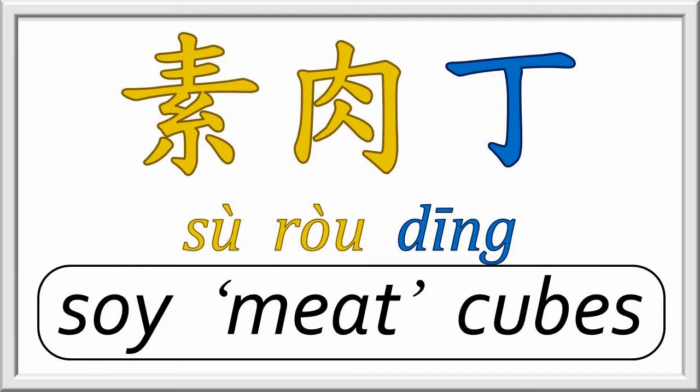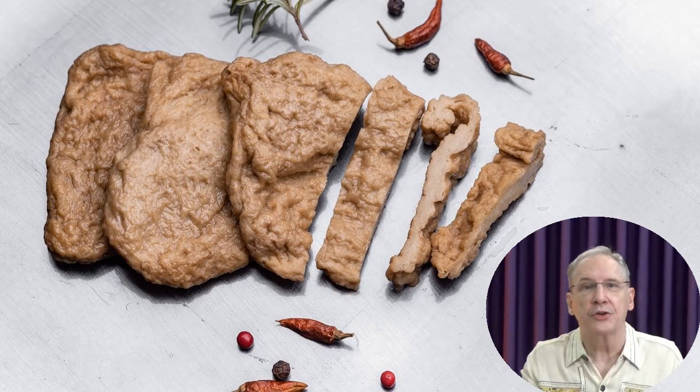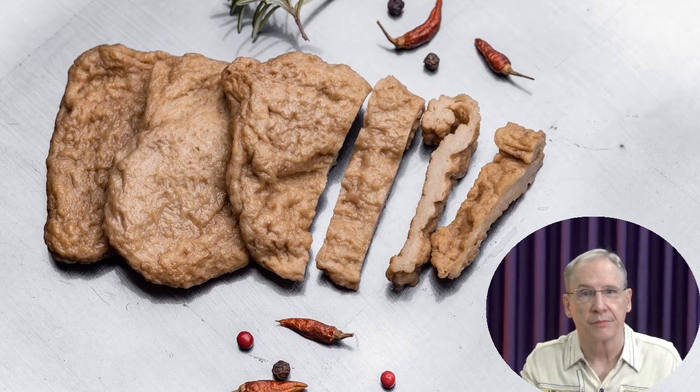And a common protein source for vegetarians is soybean products. 素肉丁, soy meat cubes. Chinese vegetarians and Buddhist monks and nuns have a choice of many different soy meat alternatives.